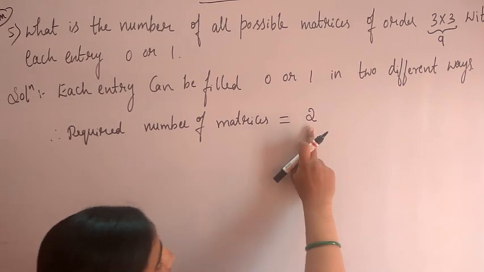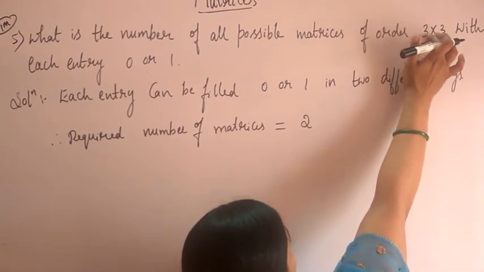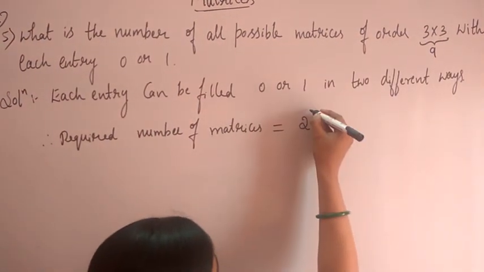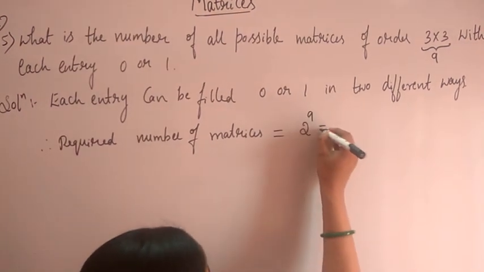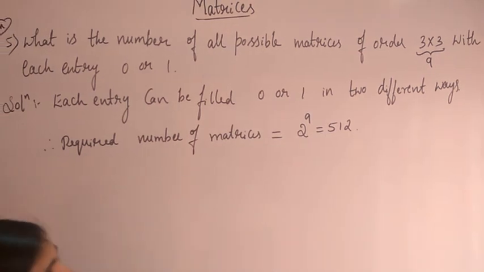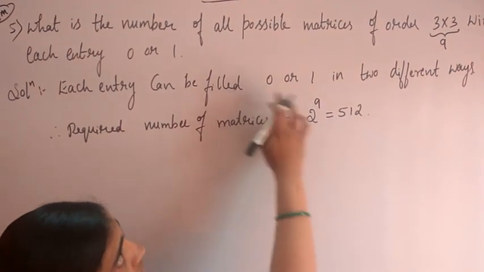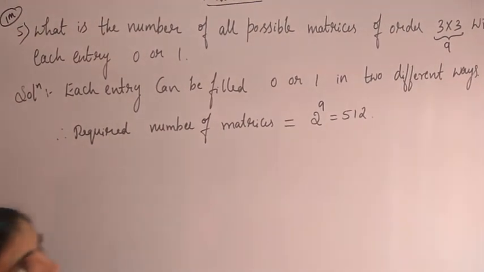Since each matrix requires 9 elements, because the order is 3 cross 3, we get 2 power 9. 2 power 9 value is 512. Therefore, we can construct 512 matrices by using 0 or 1 entries of order 3 cross 3.